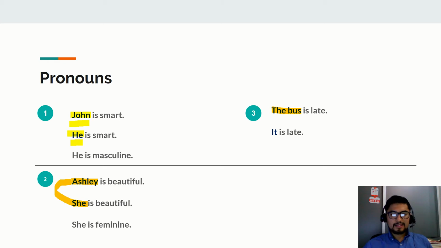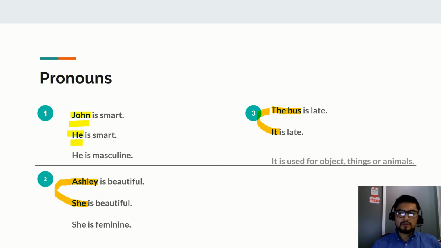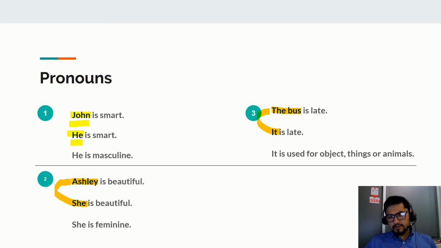So it is late. Similarly, as in examples 1 and 2, it equals or refers to the bus. Okay, so it is going to be used for objects, for things, or for animals. And we will cover this, of course, more extensively in further lessons.